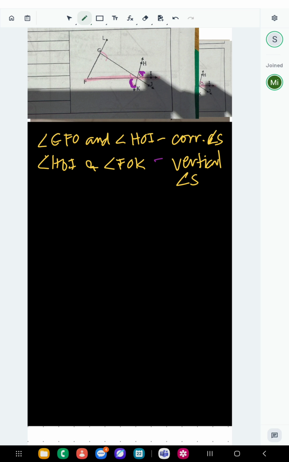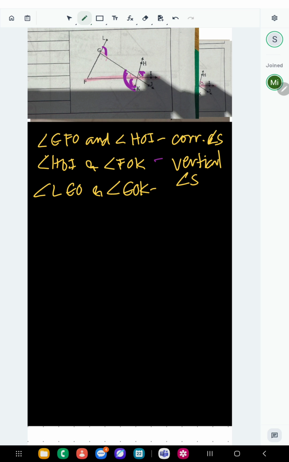And assuming FI is a straight line, then we have angle LGO and angle GOK. So LGO, oh, this one is LGO. This one is angle G, and GOK. So where's GOK here? This is GOK. This one, the big one.